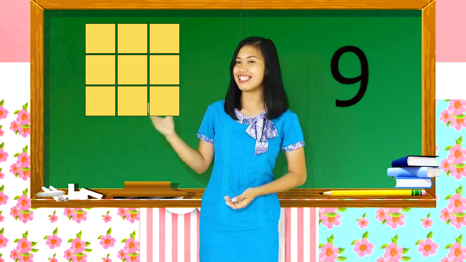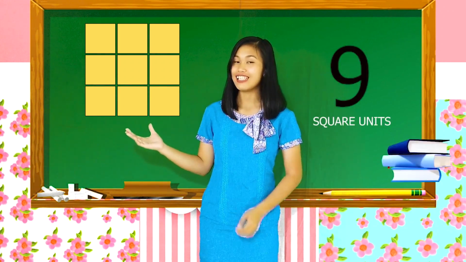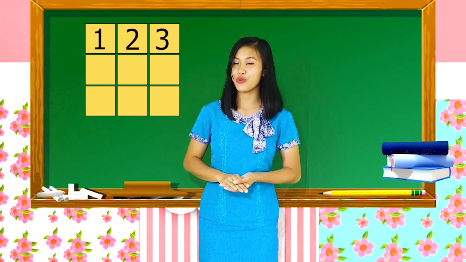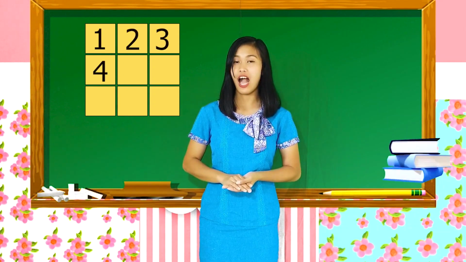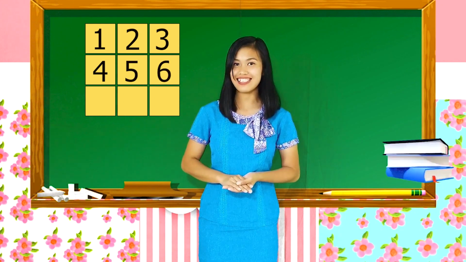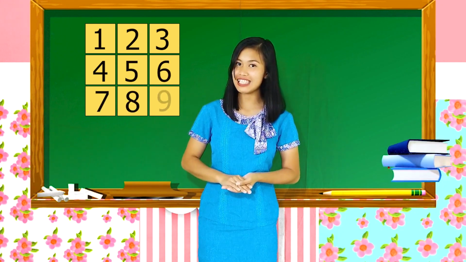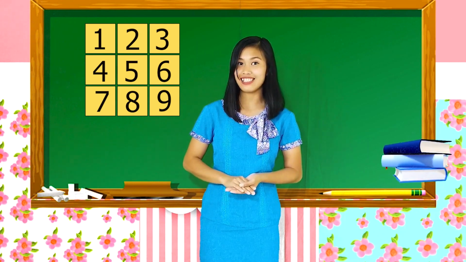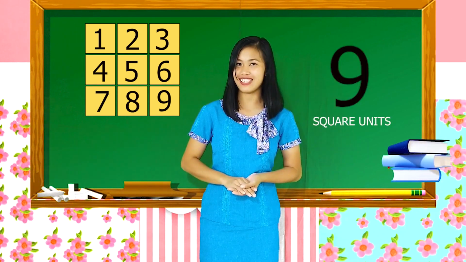Very good. This shape's area is 9 square units. Let's count. 1, 2, 3, 4, 5, 6, 7, 8, 9. What is the area of this shape again? 9 square units. Very good.